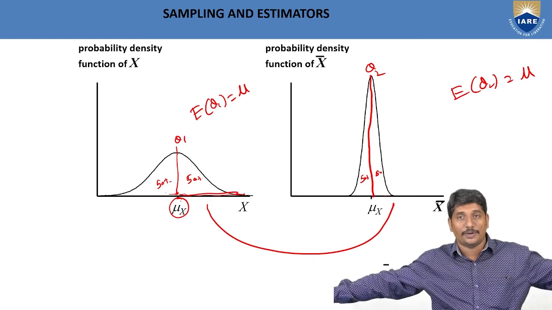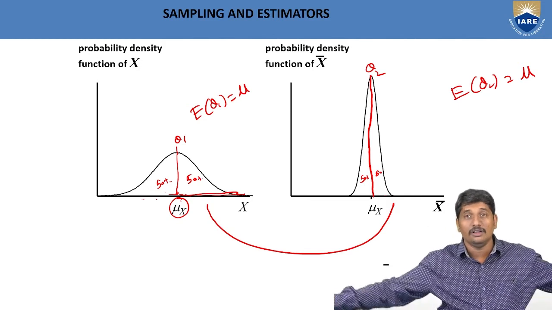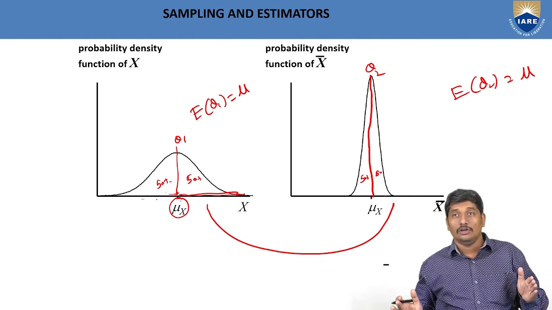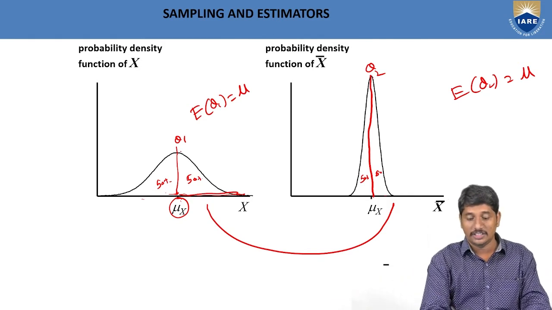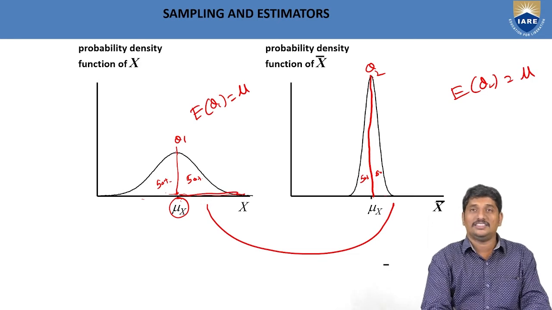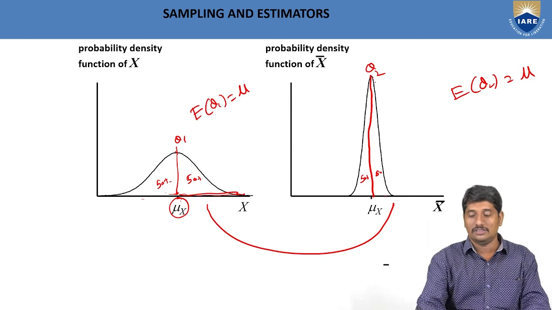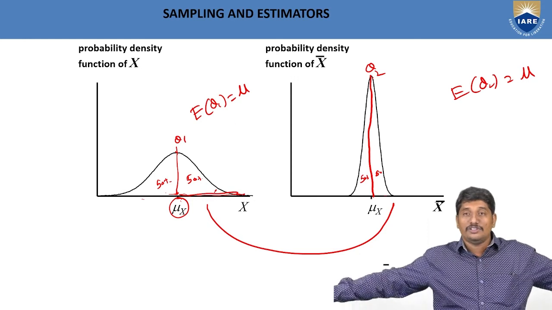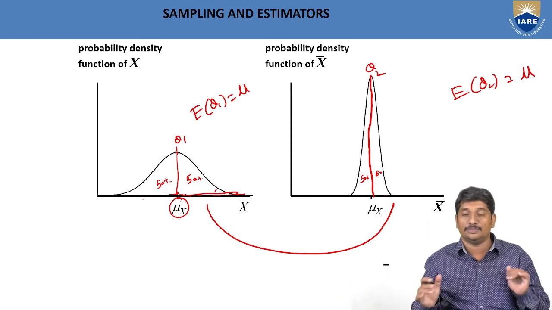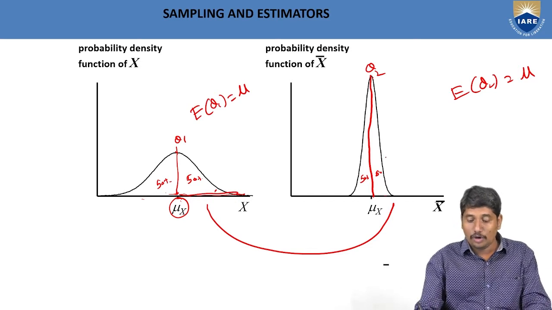Here the wings are spread, but here the wings are narrow, and hence it is highly peaked. It is neither too low nor too high a peak. Here the wings are wide. So what do you observe?